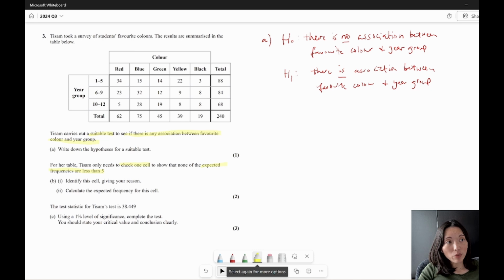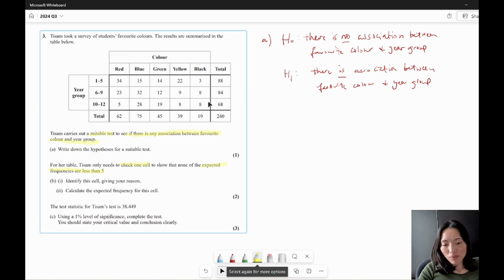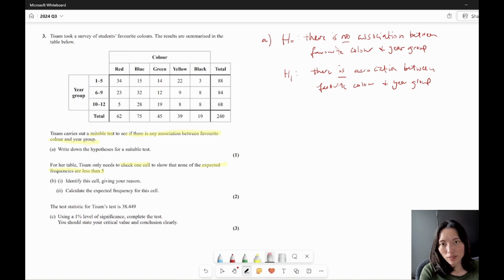When we want to do a chi-squared test, we need to make sure that the expected values are more than 5. If they're less than 5, we need to combine some of the frequencies. To work out the expected frequency, we simply take the column total, multiply it by the row total, and divide by the total number of observations.